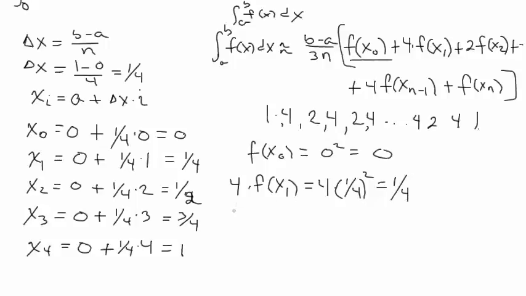And then our next one is 2 f of x2. 2 times f of x2 is equal to 2 times, so we're plugging in, x2 is a half, so we have a half squared, and then that just ends up being half. So we have 1, 4, 2.